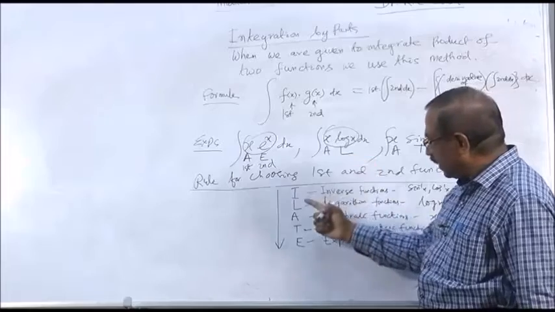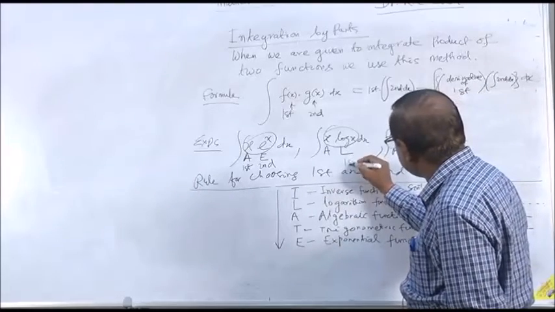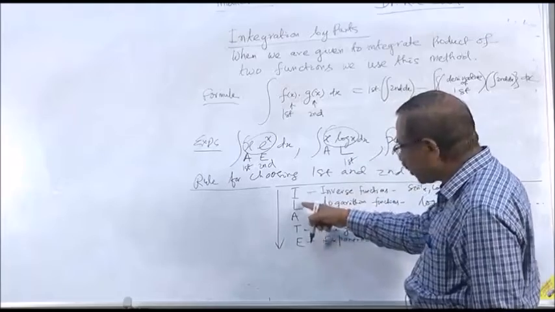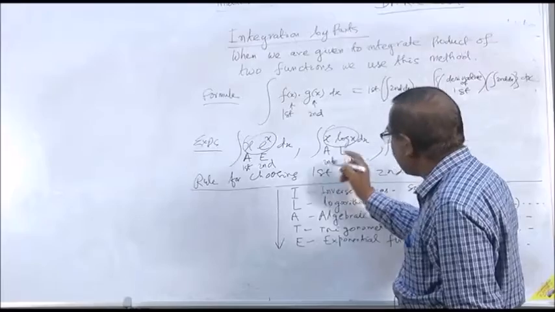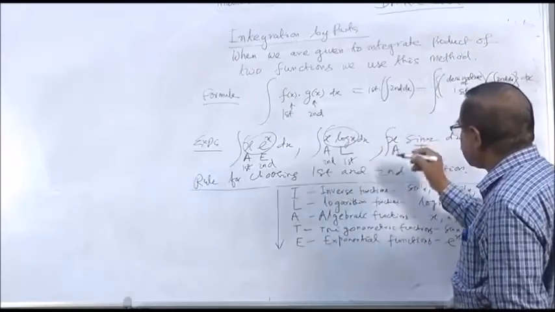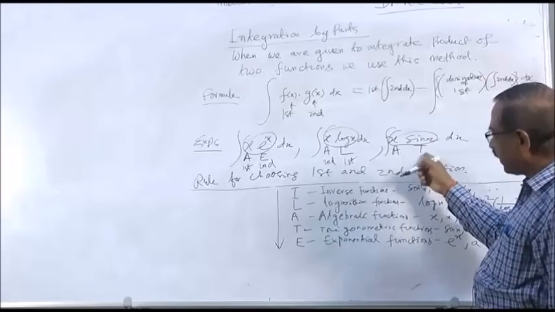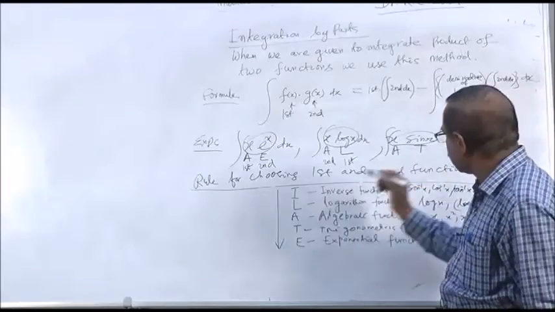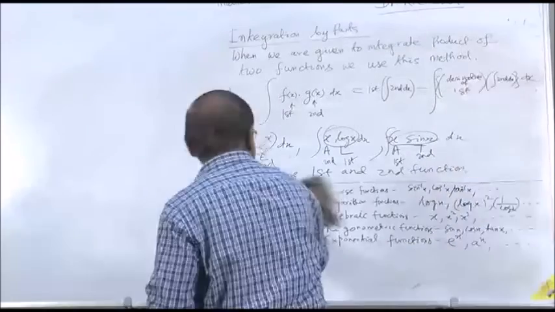You see, L comes first, so L is the first function. After L, A comes, so A is the second function. You see how it changes. You come to this function here: this is A and T. Which comes first? A comes first. So this is the first function, and this is the second function.